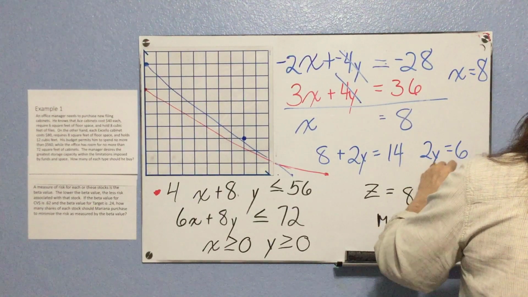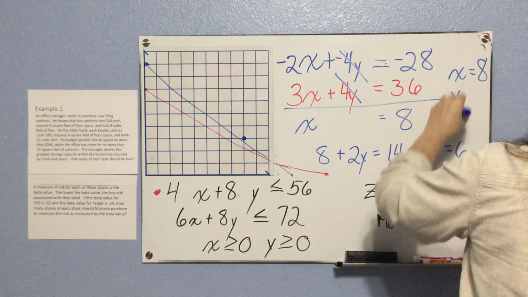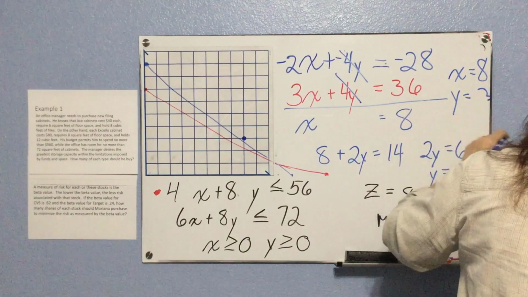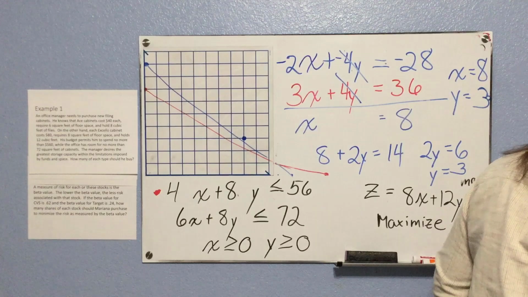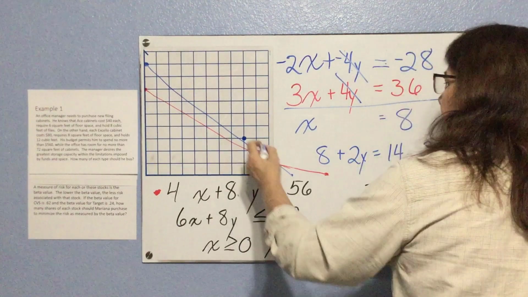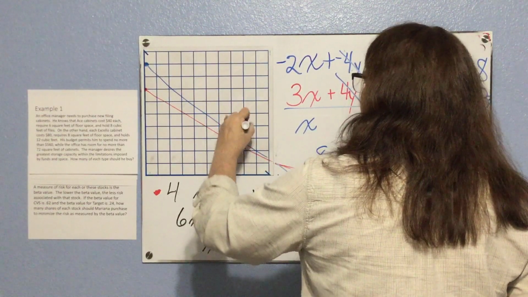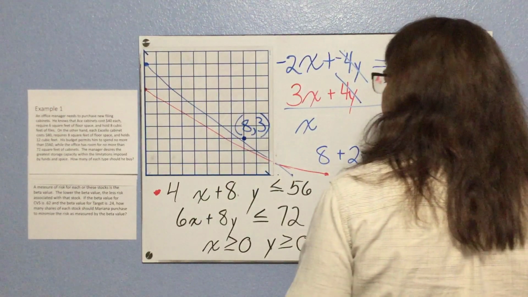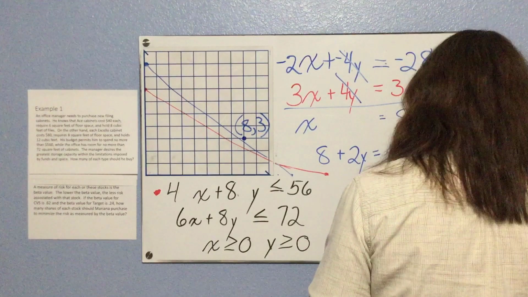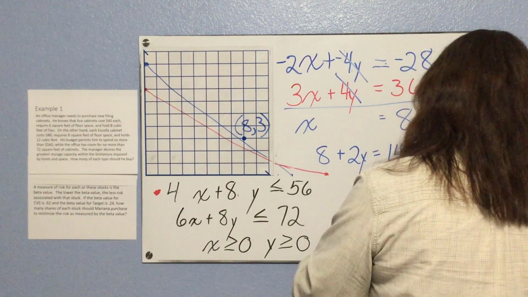So y equals 3. So this point is 8, 3. And we'll adjust our red line to fit that a little better.